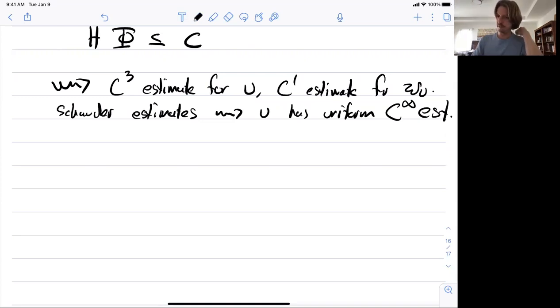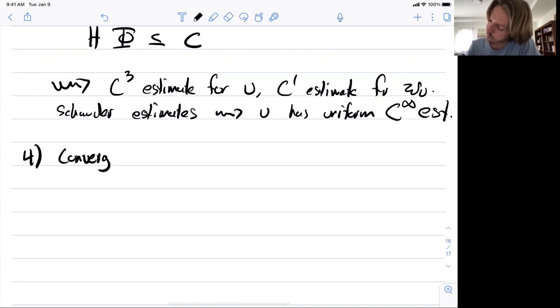Now the convergence, maybe I should just take a breath. This is the end of the existence part of the proof. We were right at the finish line there. So part 4 is convergence, and I mostly want to skip this.